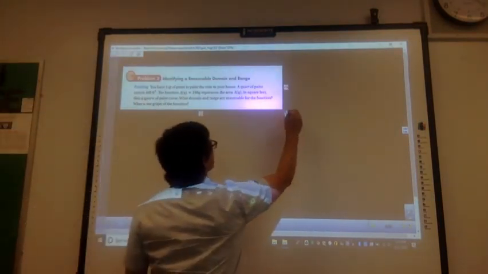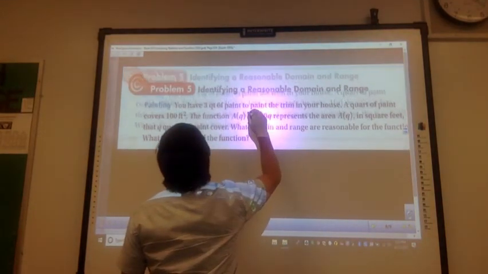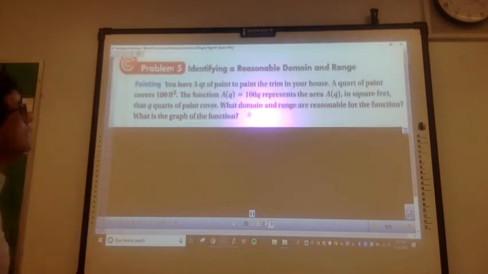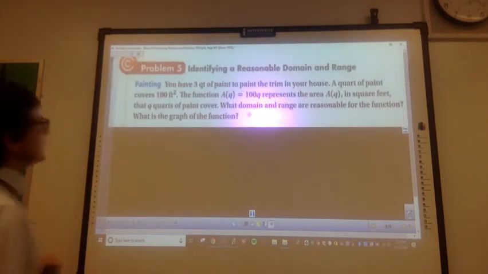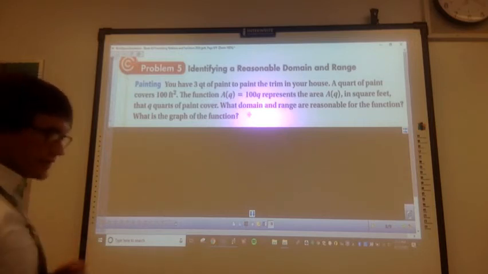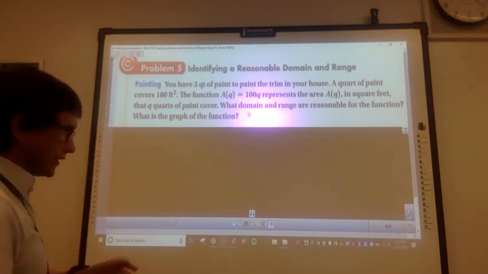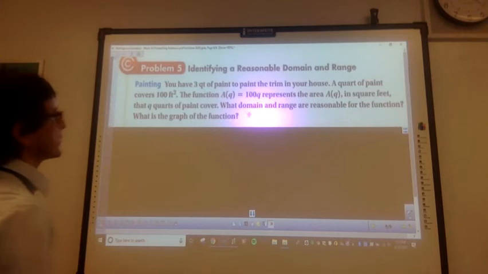So this one says, we're trying to identify a reasonable domain and range. You have 3 quarts of paint to paint the trim in your house. So that's just like all the little wood edges that go around windows, and baseboards are considered trim as well.